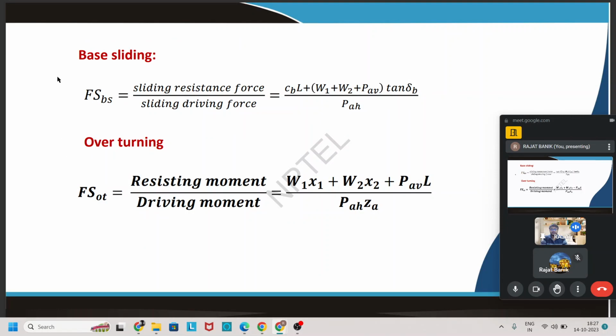For this, we need to check the factor of safety. If the factor of safety satisfies our required values, that is, for sliding greater than 1.5 and for overturning greater than 2, then we can say that this structure is safe to take the loads, and we can use this design in the real field afterward.